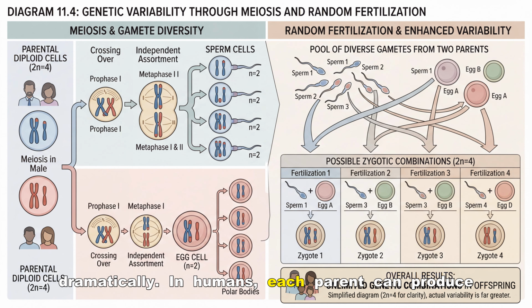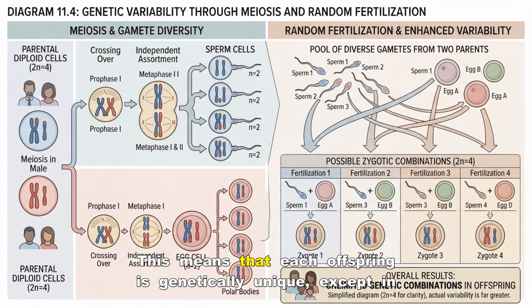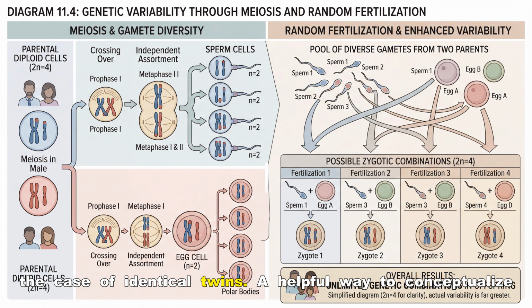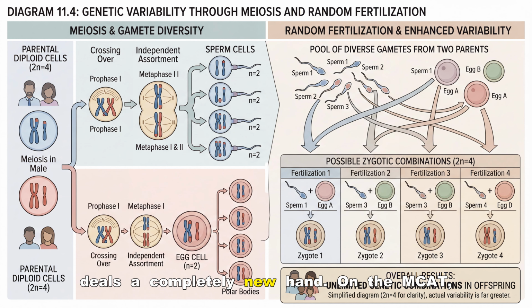In humans, each parent can produce over 8 million distinct gametes due to independent assortment alone, and when you consider fertilization, the number of possible zygotes exceeds 64 trillion combinations, not even accounting for recombination. This means that each offspring is genetically unique, except in the case of identical twins. A helpful way to conceptualize this is that meiosis shuffles the deck, and fertilization deals a completely new hand.